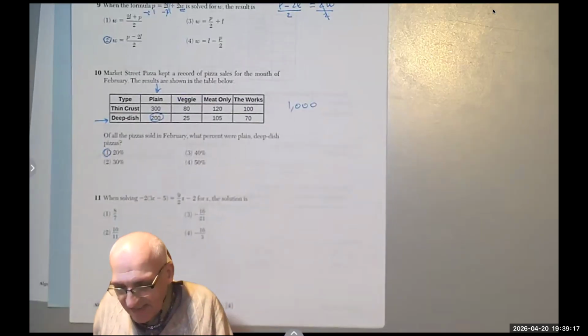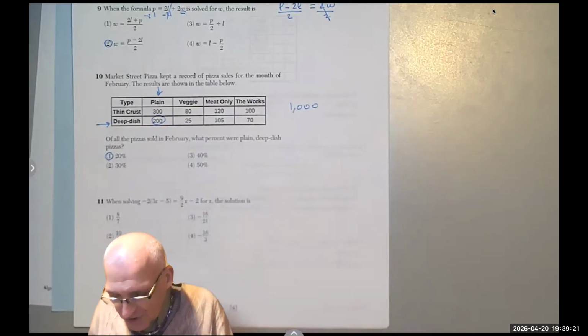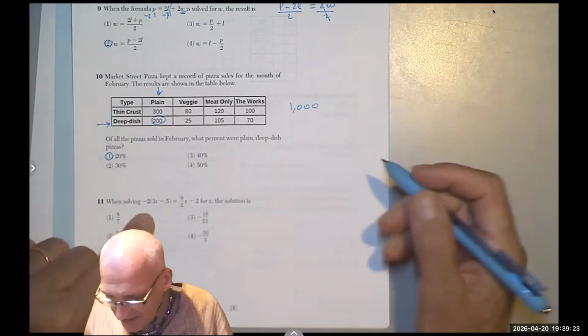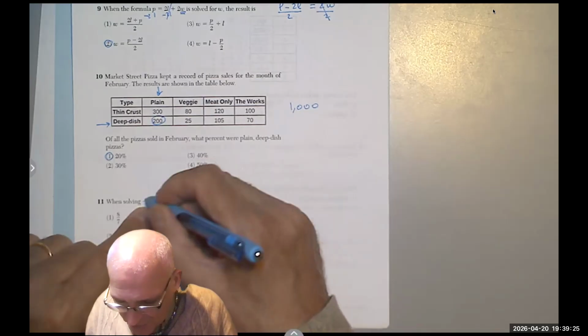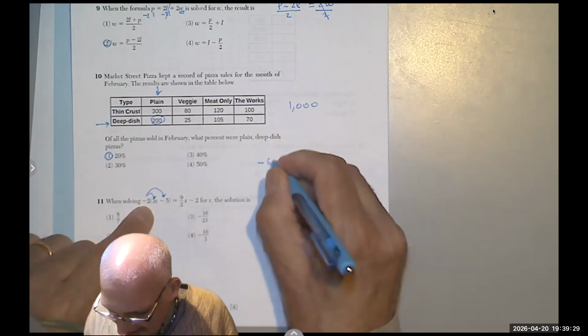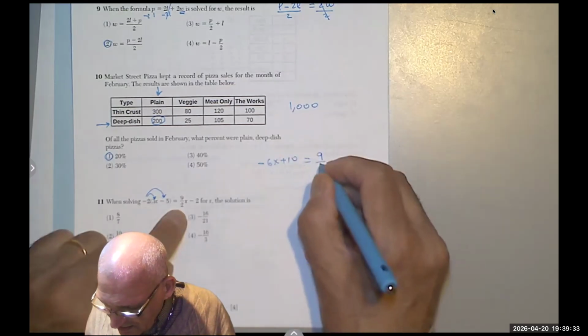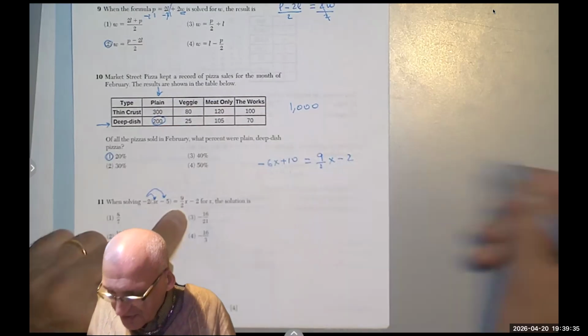When solving -2 times this equal that for x, the solution is what? Let's do it. Left-hand side, I'm going to distribute the -2. So I get -6x plus 10. The right-hand side doesn't have anything to distribute.